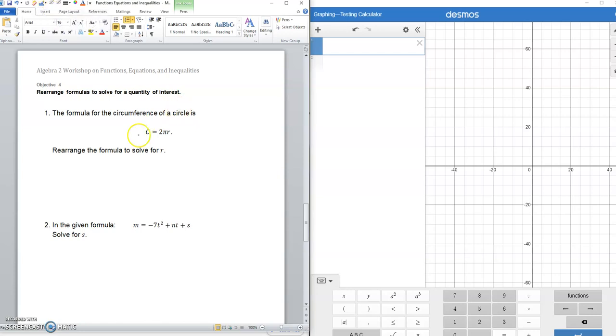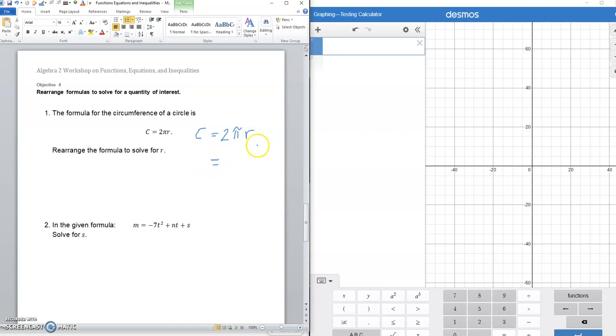So what you want to do is, I'm just going to do it here. So C equals 2 pi r. You want the r to stay. So this 2 has to go away. So I will just go ahead and again put the equal sign here because that's your separator from your left side and right side.